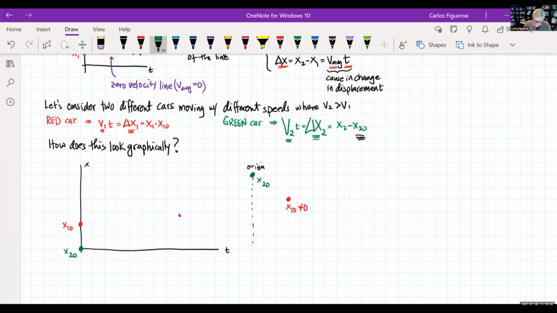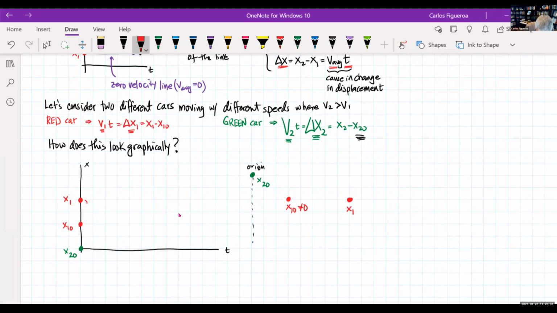So what I'm seeing here is that if the red car travels at a slower speed, it's going to cover a shorter distance in the same amount of time. So maybe this car gets to x1. How about this car actually moves towards x1?